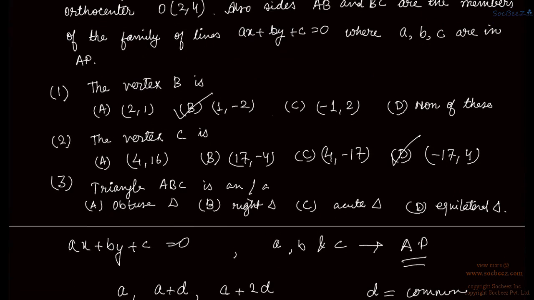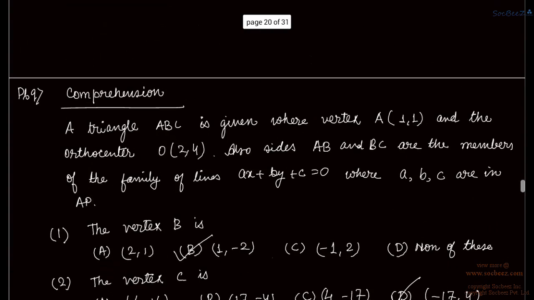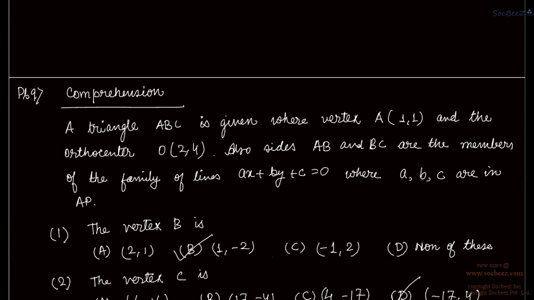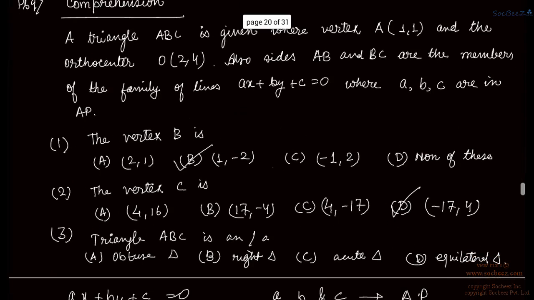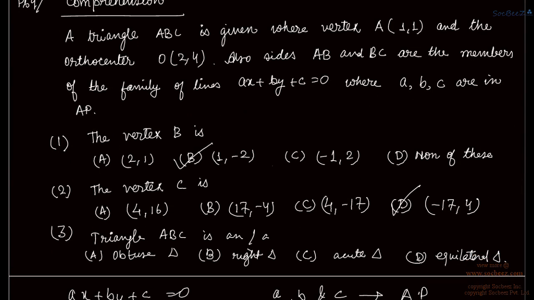The third and the final part is, triangle ABC is an obtuse, right, acute or equilateral triangle. So we have to decide whether triangle ABC is obtuse, right or acute or equilateral triangle. So see, how can we decide? We have the coordinate of vertices A, B and C, and we have the orthocenter.